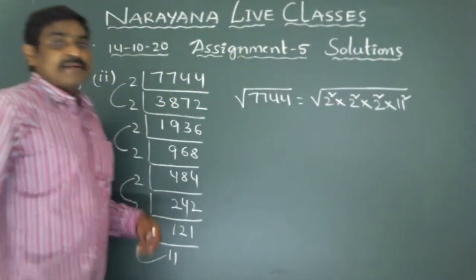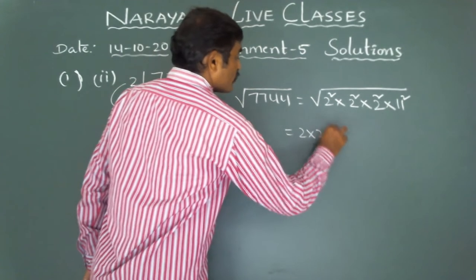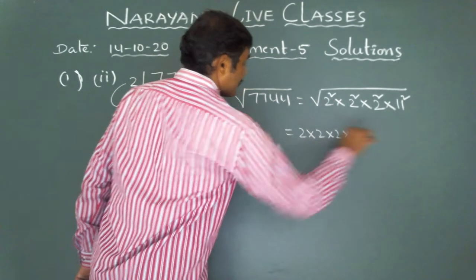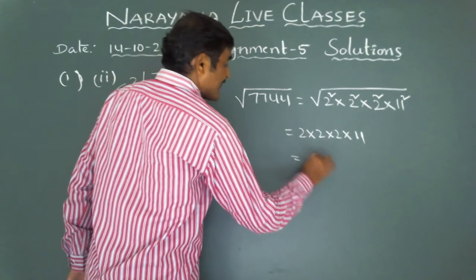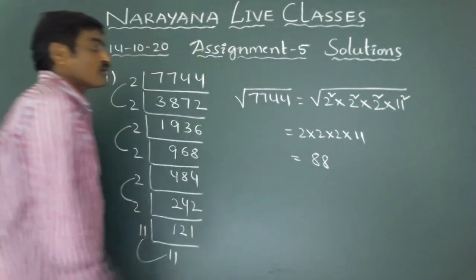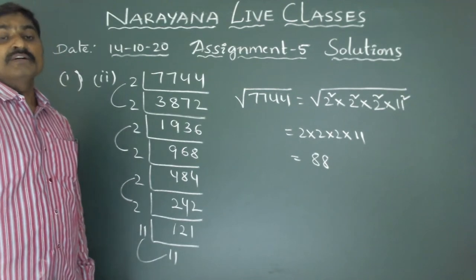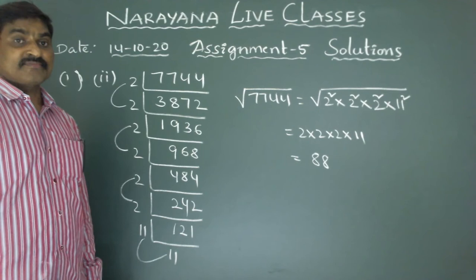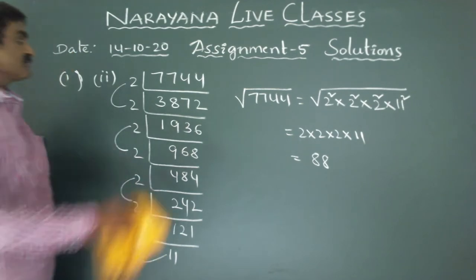So after eliminating the square root, we'll get 2 into 2 into 2 into 11. That is equal to 2 twos are 4, 4 twos are 8, 8 elevens are 88. So the square root of 7744 is equal to 88. Okay children, so this is the first Roman, two sums.